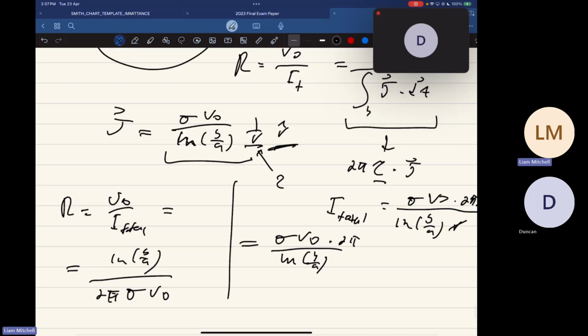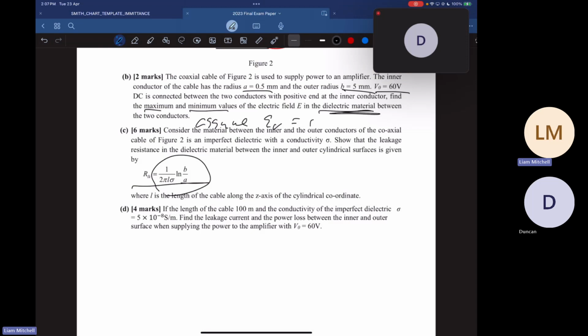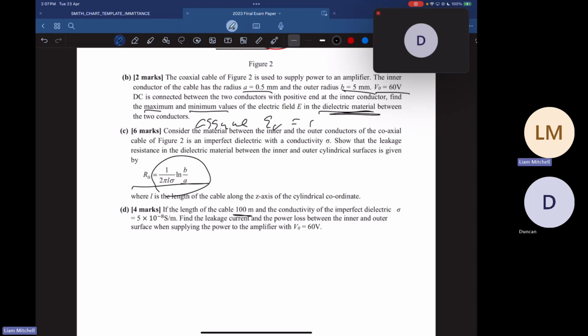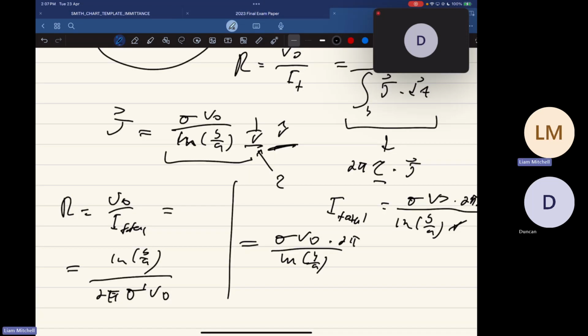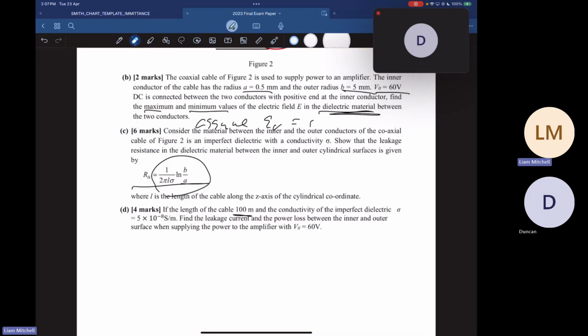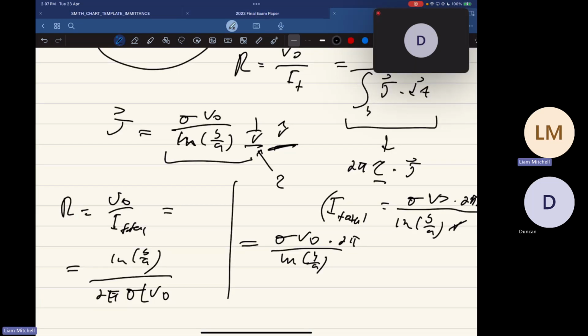And then the next part, we are basically just given a length of the cable. Sorry, here I forgot length, because that's a distance per unit length, and we just multiply by length. And we are given conductivity as a number, and we need to find the leakage current and power loss. So your leakage current is this one.